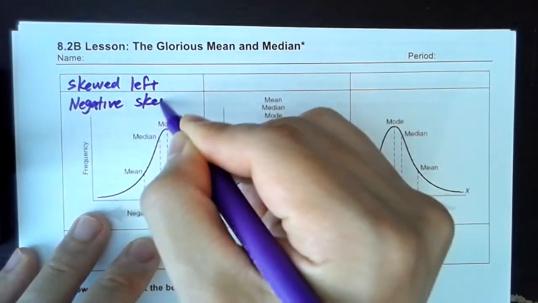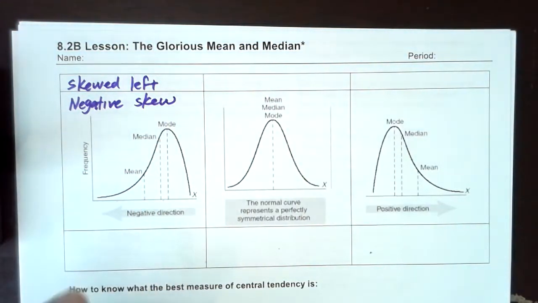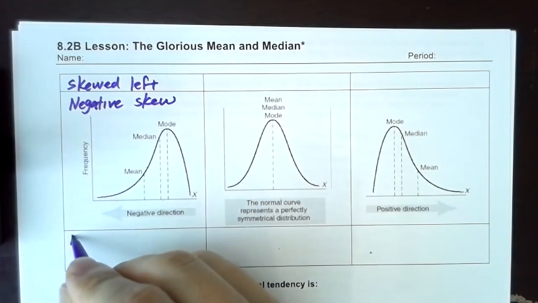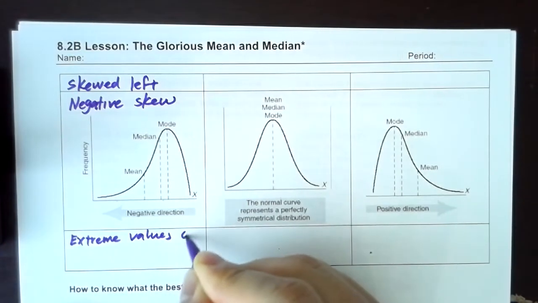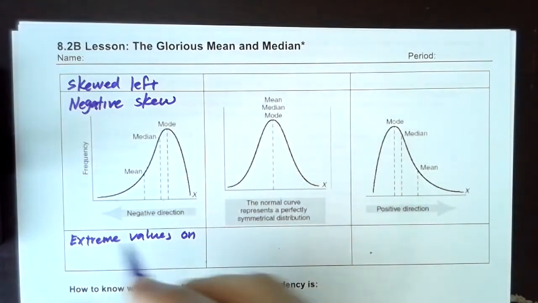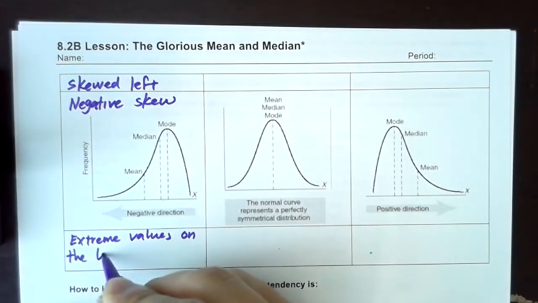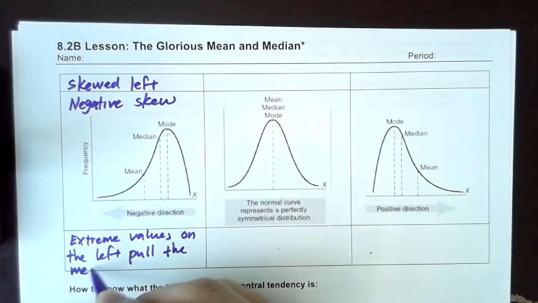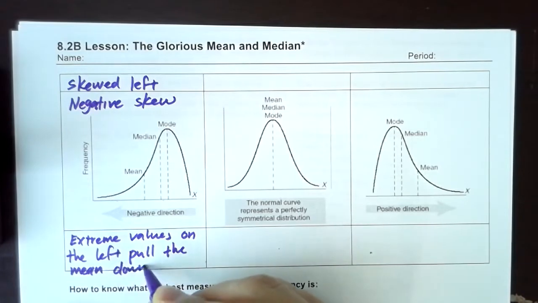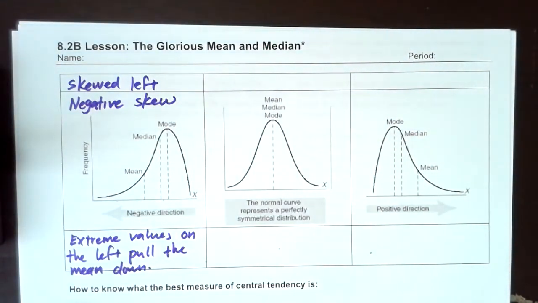Basically, skewed left just means that extreme values on the left pull the mean down, and the most accurate description of the class would be the median.